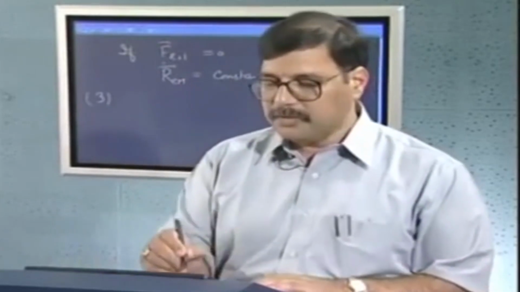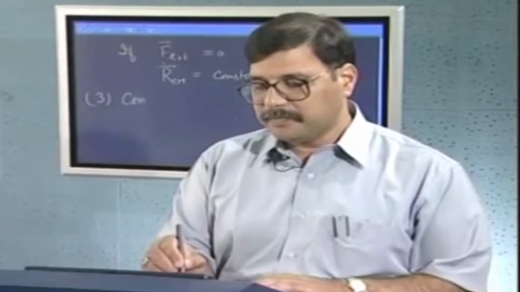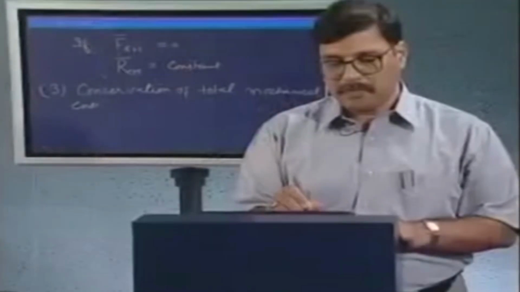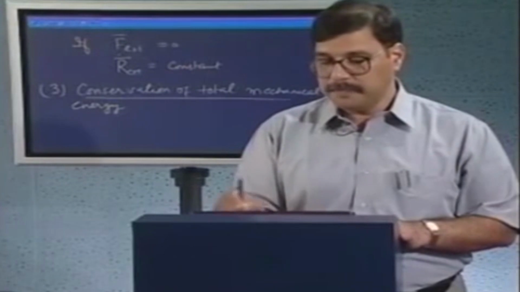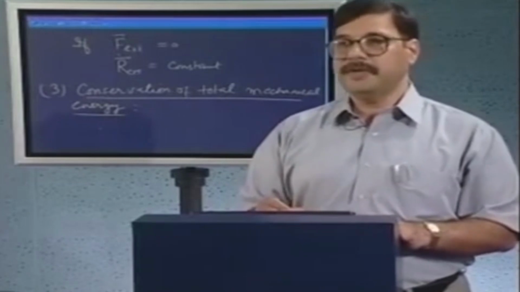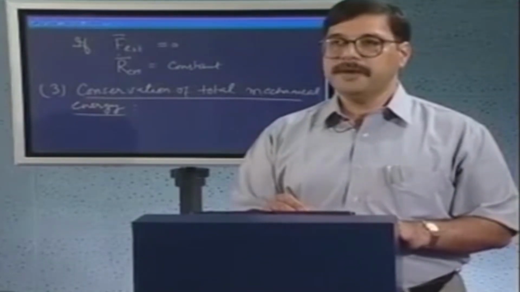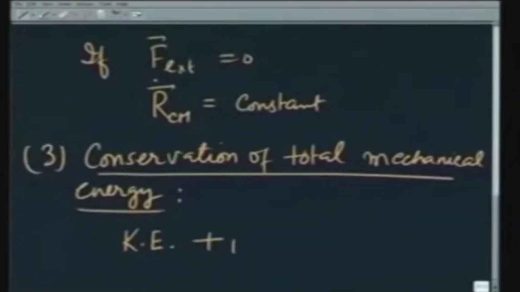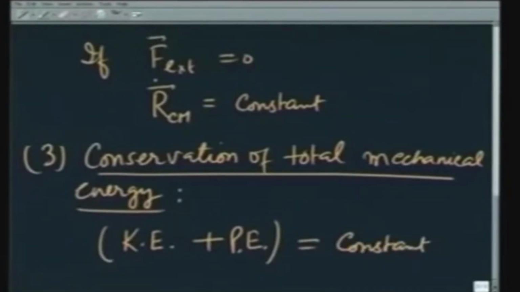The third thing that we learned was the conservation of total mechanical energy, and what it said was, in a conservative field where the work done is independent of the path, the kinetic energy plus the potential energy of a system of particles is constant.